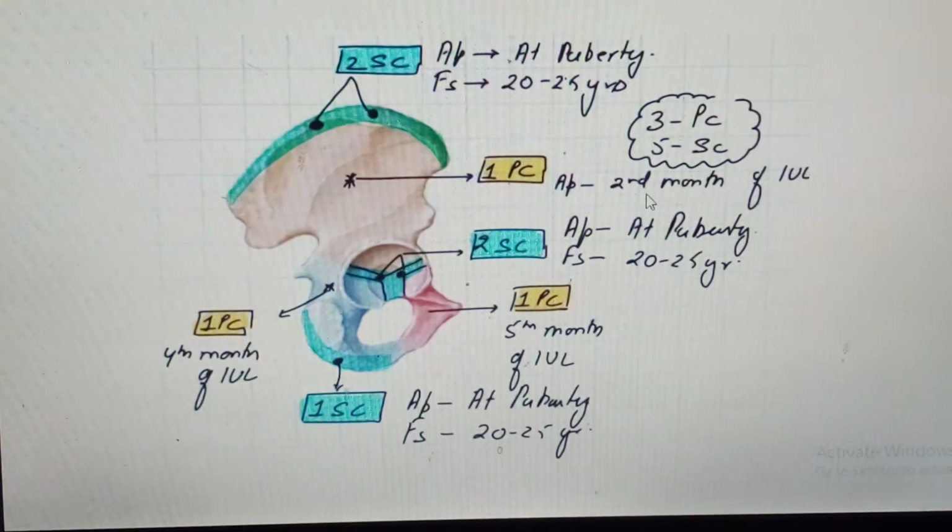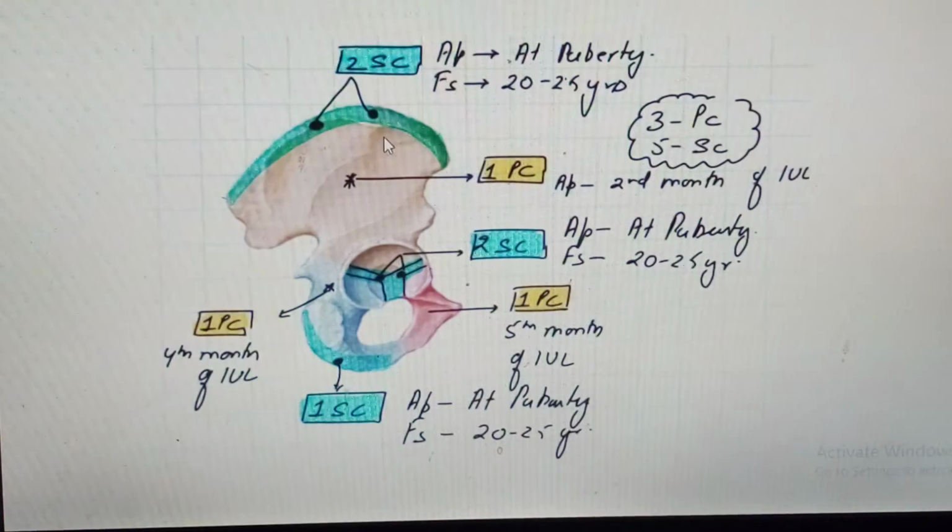Appearing in the 4th to 5th month of intrauterine life, the primary center in the ischium will appear. And around the 5th to 6th month of intrauterine life, the primary center of the pubis will appear.